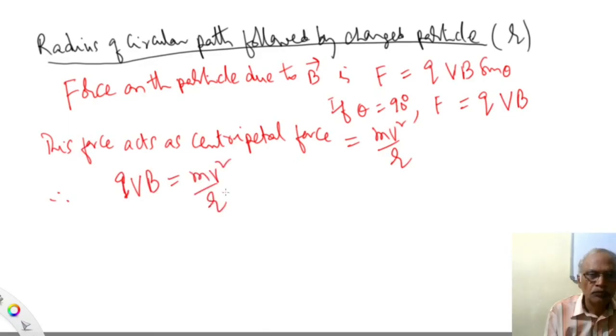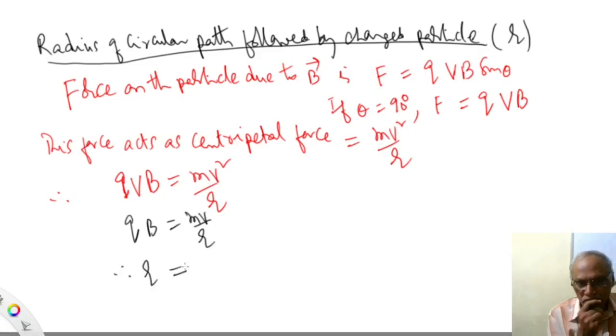Followed? From this, what do you get? One v gets cancelled on both sides, and you get qB equals mv by r. Therefore, r equals mv by qB. This is the formula for the radius of the circular path followed by a charged particle.